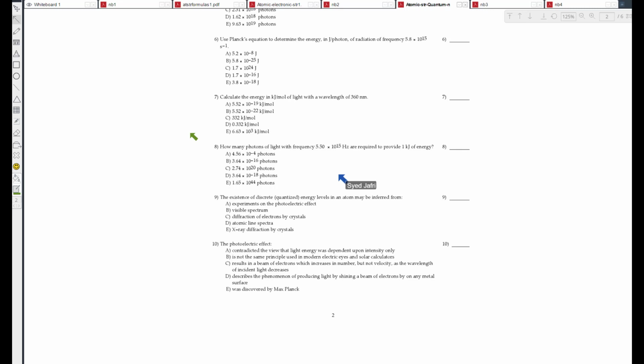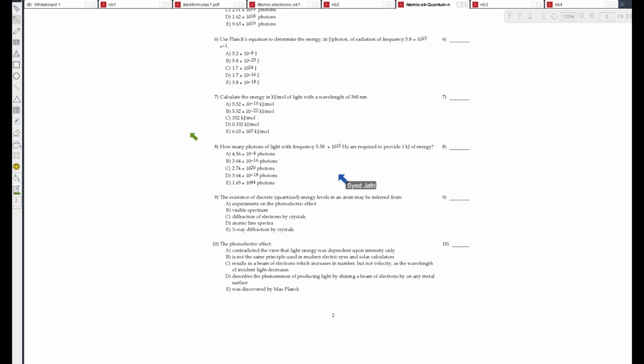So first thing is I'm going to convert nanometers to meters. 360 nanometers to meters is 360 times 10 to the minus 9 meters.